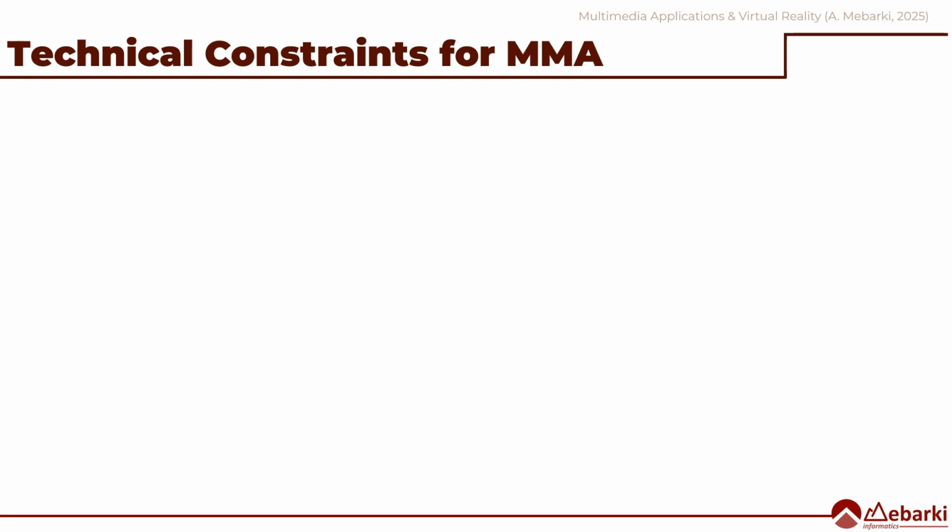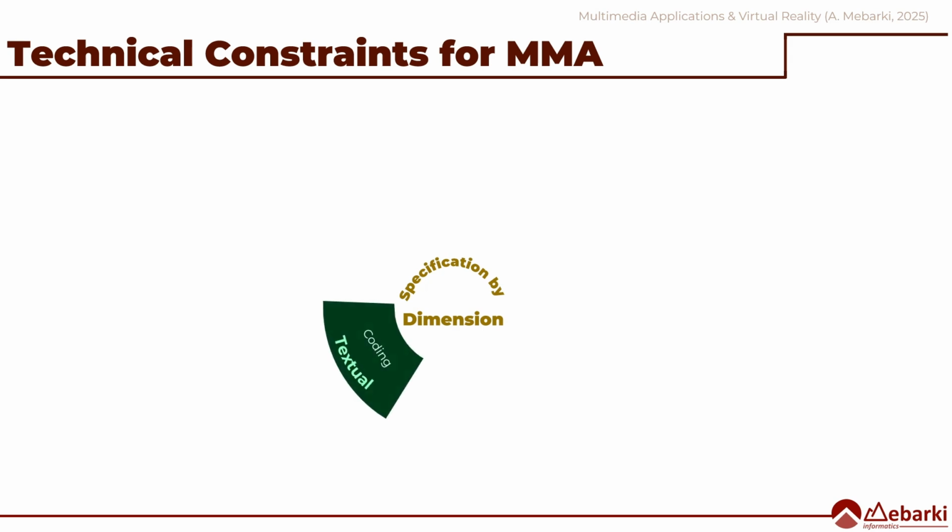From a technical perspective, every MMA is built upon several perceptual dimensions. The textual dimension deals with symbols and written language, relying on encoding systems like Unicode to ensure that text displays consistently across platforms. The visual dimension concerns images and 3D models, where technologies such as modeling, rendering, and computer graphics bring virtual spaces to life.